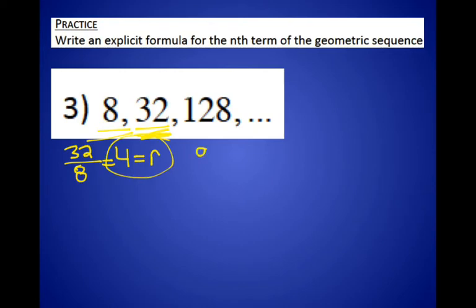Then we're going to need the first term, which is 8. And then we're going to go right to the formula. So a sub n equals the first term, which is 8, the common ratio, which is 4, and then we're going to raise it to the n minus 1. And that's it.